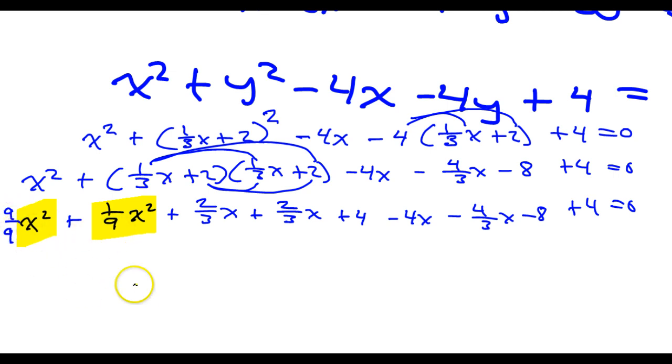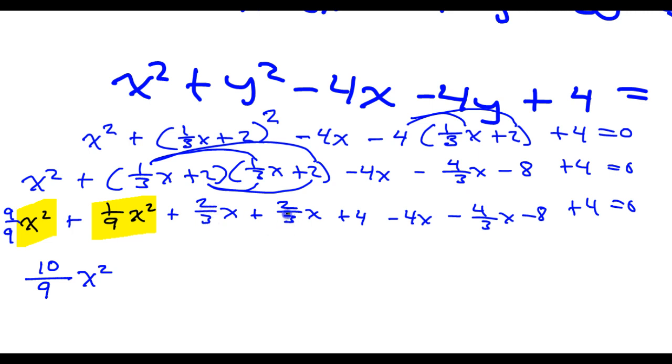Because 1 can be anything, right? Doesn't 1 equal 9 over 9? Or anything over itself. So I had 1x squared, I could write that as 9 over 9, because that's the same as 1. But this way, 9/9 plus 1/9 is 10/9. So this makes 10/9 x squared.